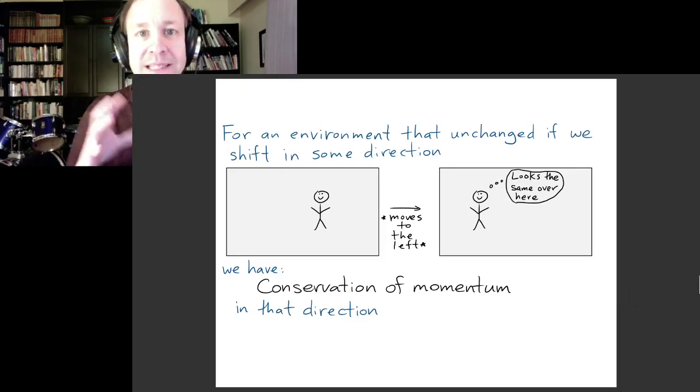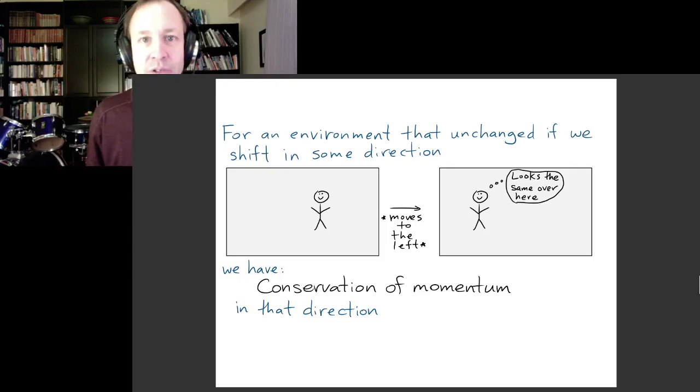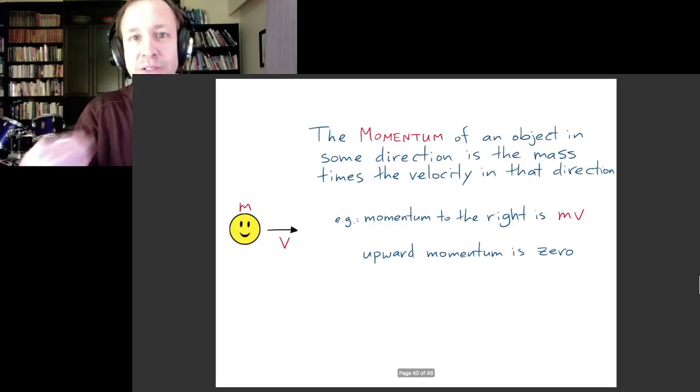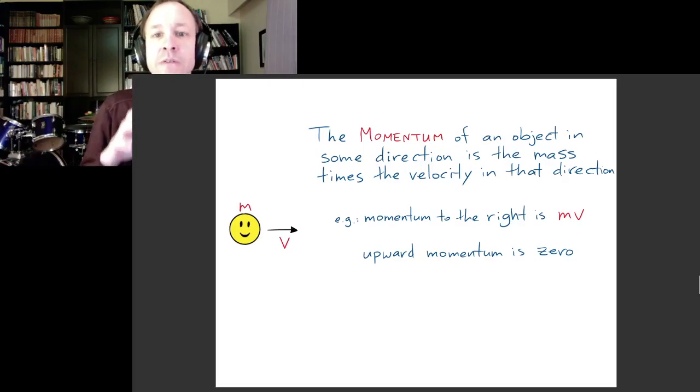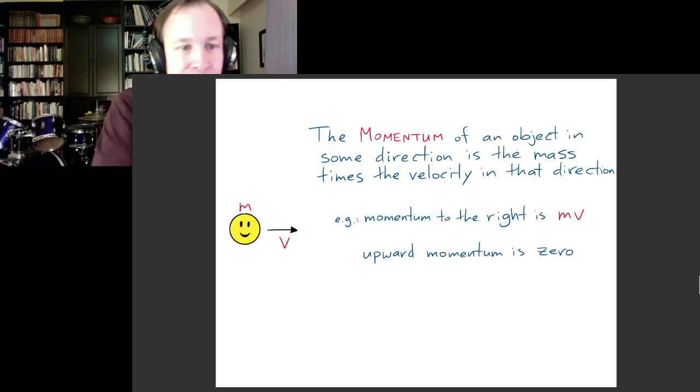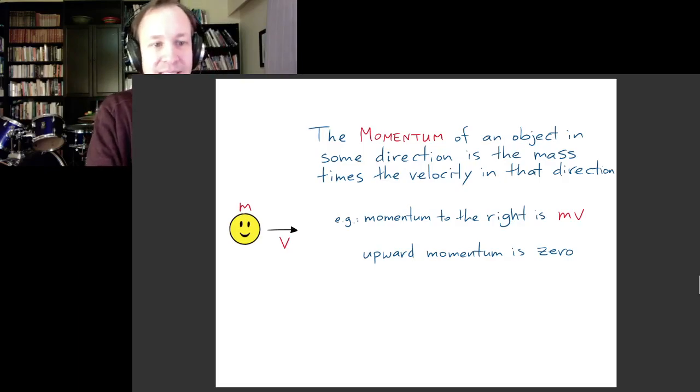You might be less familiar with the notion of momentum, although it's a very common word in everyday language. The momentum of an object in a particular direction turns out to be closely related to the velocity of the object in that direction. For example, in the picture here, we have an object. It has a mass m.